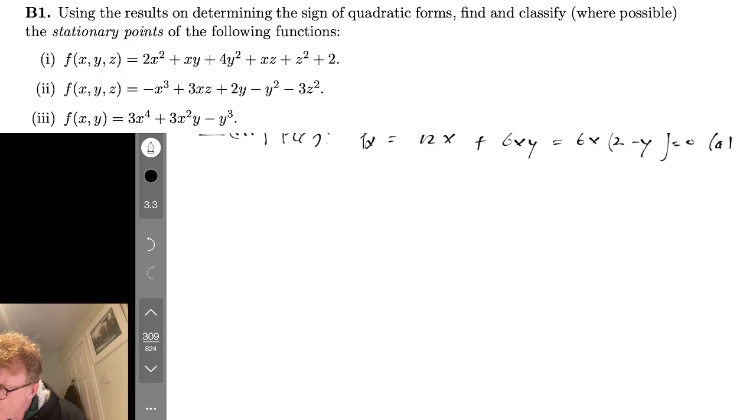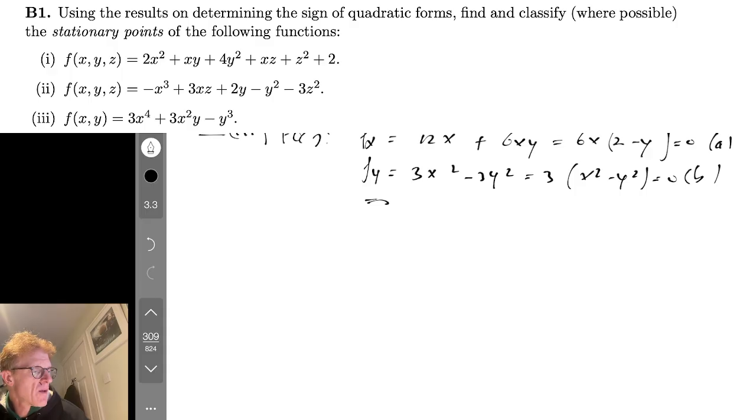That's A. And fy is 3x squared minus 3y squared, so 3x squared minus y squared is 0. B. So from B we get x is plus or minus y.